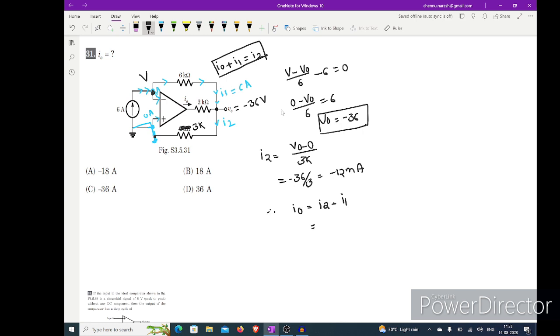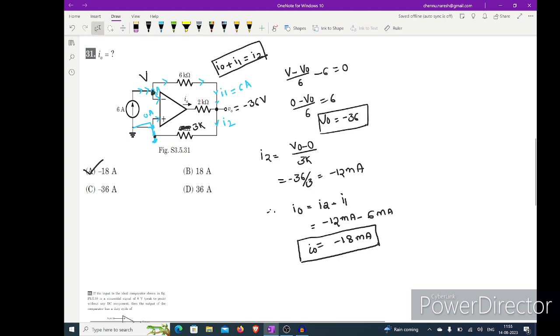We have I2 is minus 12 milliamps minus I1, which is 6 milliamps. So the answer is minus 18 milliamps. So I naught is minus 18 milliamps.